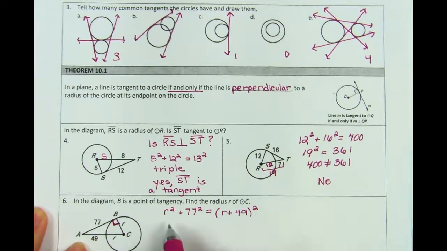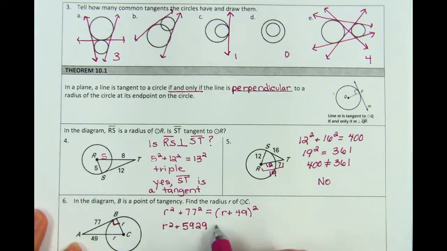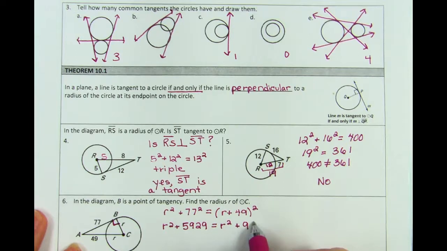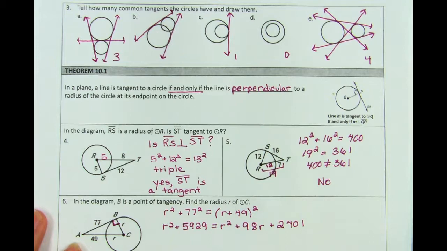So we've got a quadratic on our hands. Let's work it out. R squared plus 77 squared is 5,929 equals r squared plus 98r plus 49 squared is 2,401. I've got r squared here and r squared there, so those cancel out.